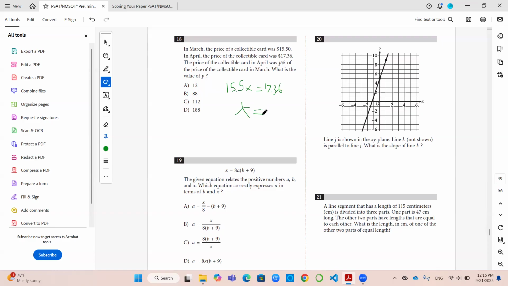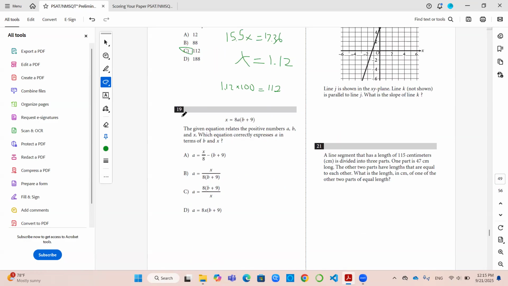So x is equal to 17.36 divided by 15.5, which is equal to 1.12. And since this is in percentage, we have to multiply the 1.12 by 100, and you get 112. So C is the correct answer.